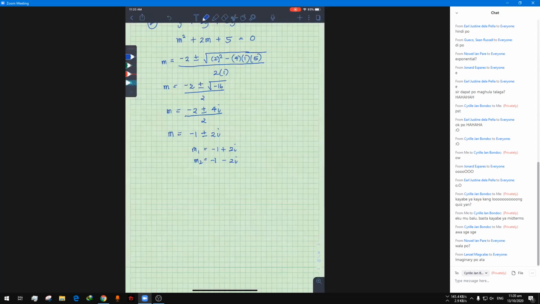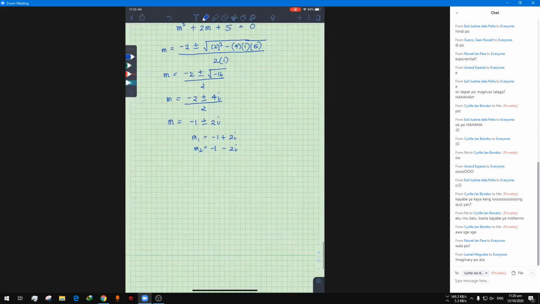So kung isa-substitute natin to dun sa formula kanina, y would be equal to C1 e raised to negative 1 plus 2I times x, then plus C2 e raised to negative 1 minus 2I times x. So kaya lang, we don't want na ma-involve yung imaginary. Okay? So gusto natin real functions ang meron tayo.